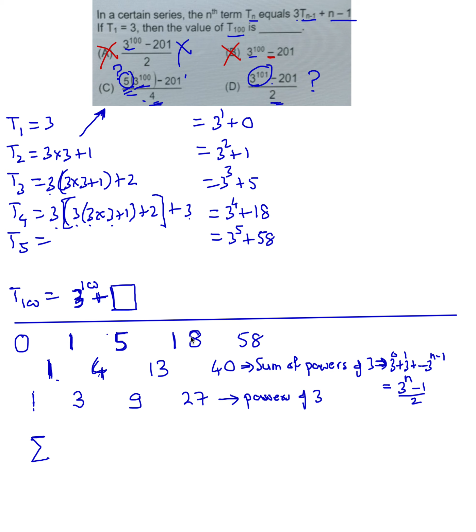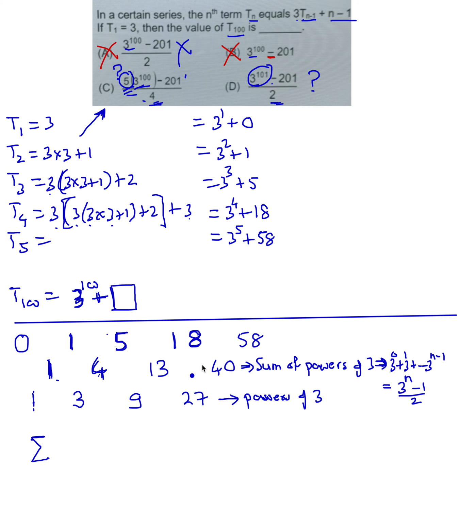The fourth term is the sum of 3 terms of the second series. Check: 13 plus 5, 18. So the nth term in the first series is going to be the sum of n minus 1 terms of the second series.